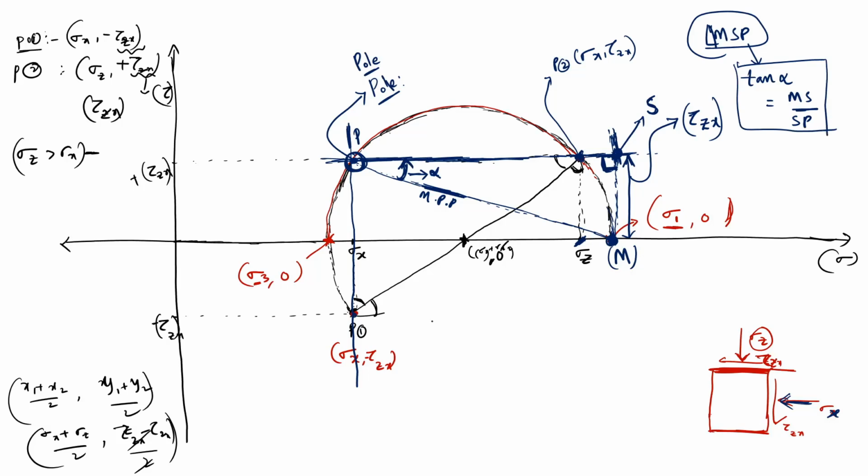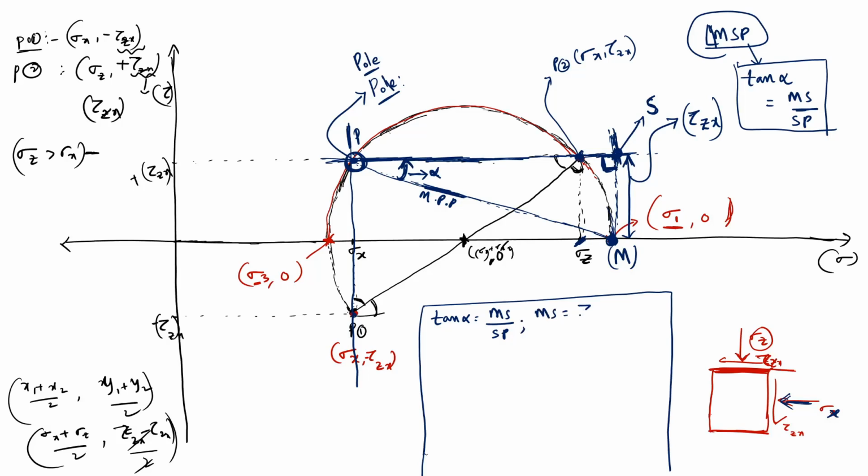I am doing the calculations here so that you will understand. In this triangle, what is tan alpha? MS by SP. What is MS? MS is the height, that is tau zx. And what is SP? Here to here. See, the x coordinate of S is sigma 1, and the x coordinate of P is sigma x.